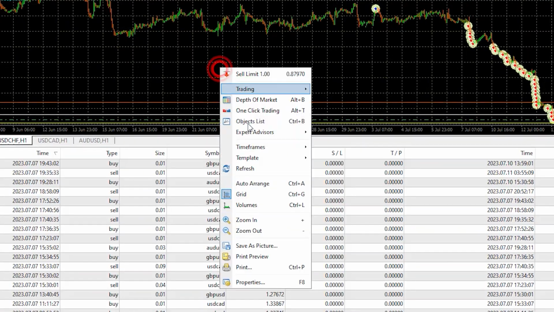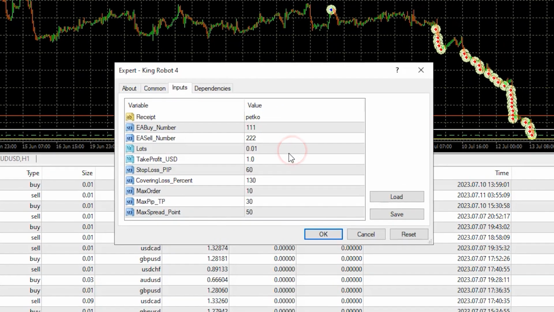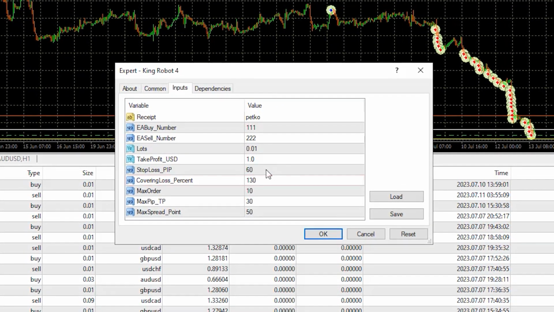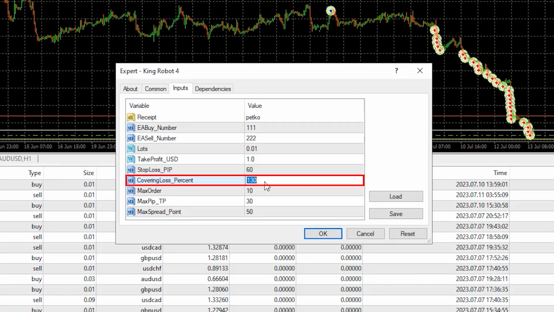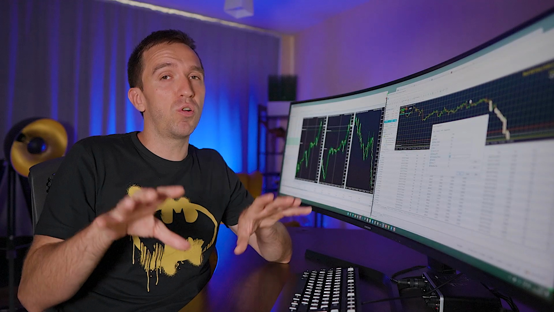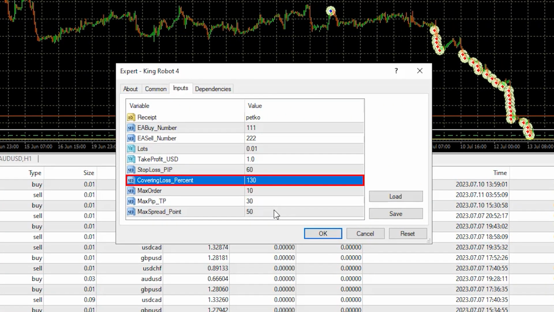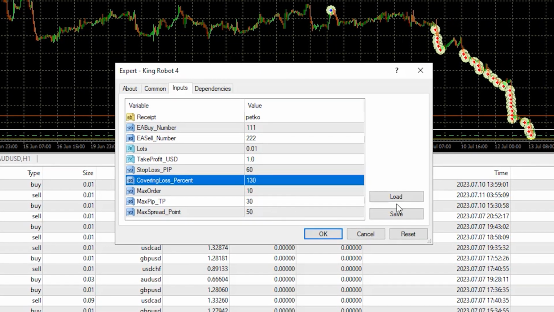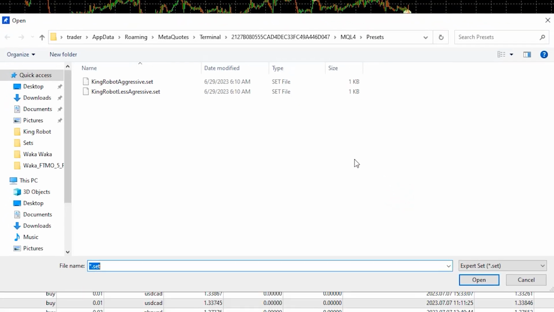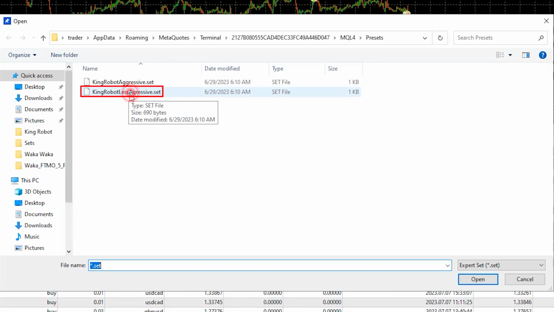And from the inputs, if I go to the properties, we can control a lot of things, like we can set the percent of recovery, which is one of the ways to control the consecutive lots when the EA tries to recover the losses. But what I actually used is the ready set file called less aggressive that comes from the developer after I purchased the robot.